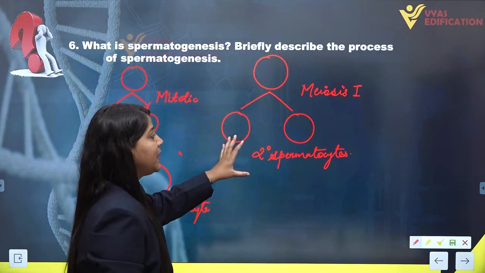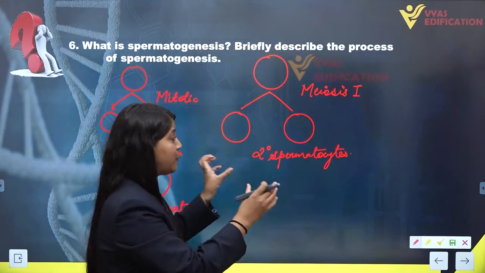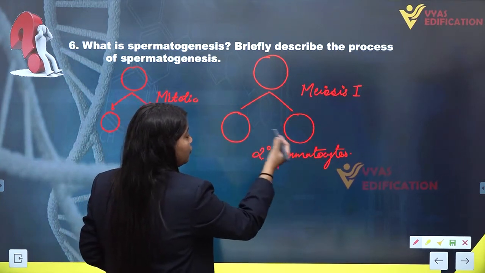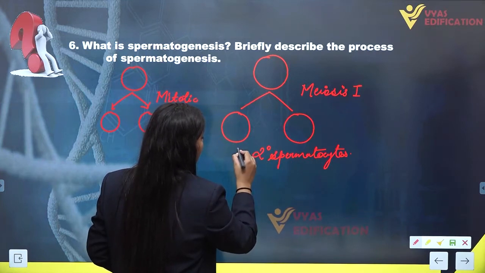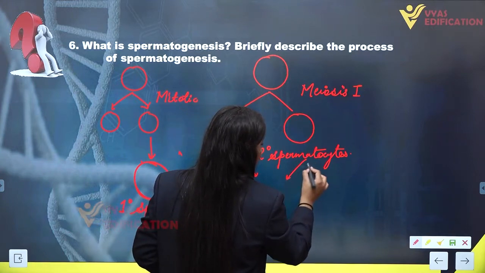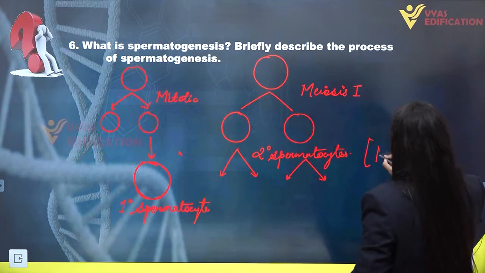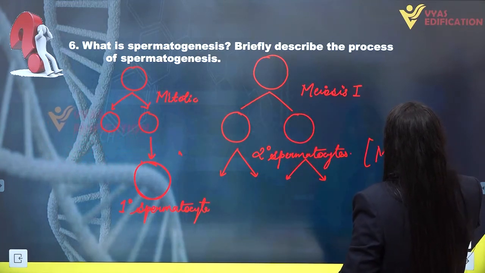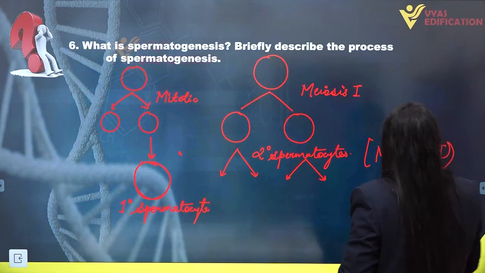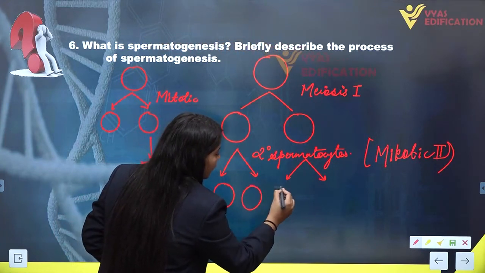Now, after completing meiosis 1, each of the secondary spermatocytes will undergo the second meiotic division. So both of the secondary spermatocytes undergo the second meiotic division, which results in the formation of 4 cells over here.